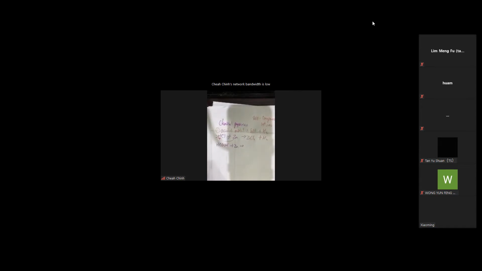Just now we discussed that only the hydrogen joined to the oxygen will become hydrogen ion. The same with this one: the H joined to the O will become hydrogen ion, and it will be replaced by the metal ion.